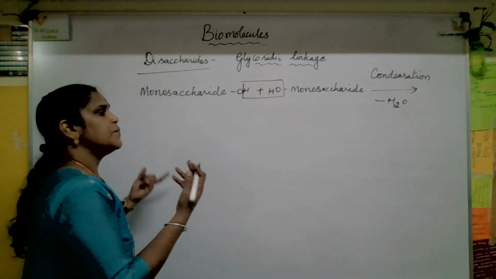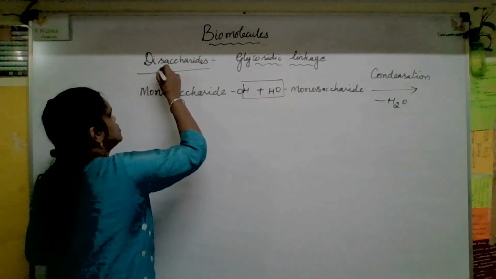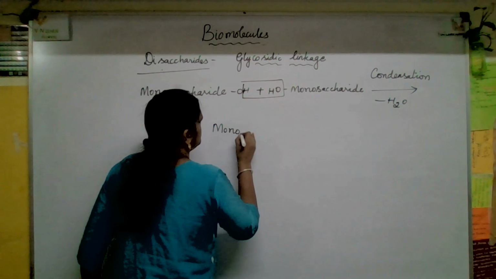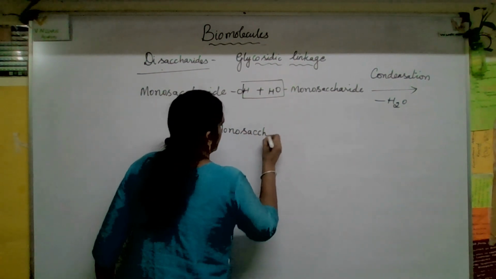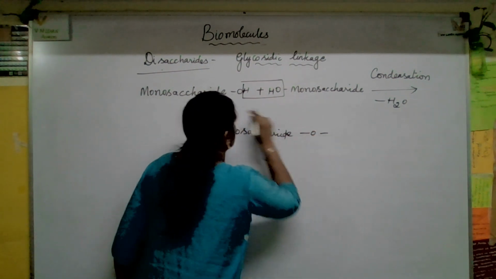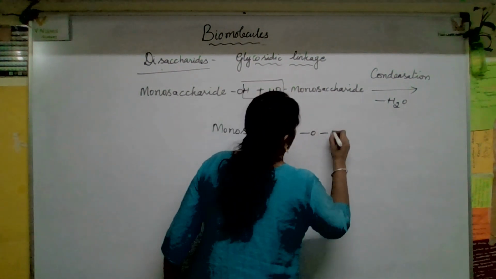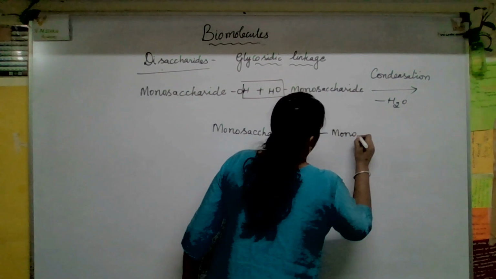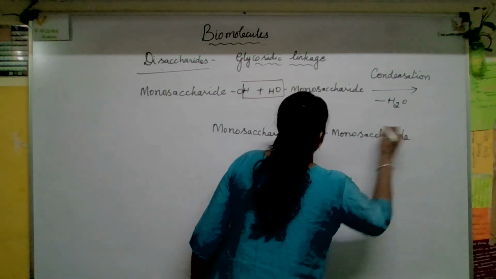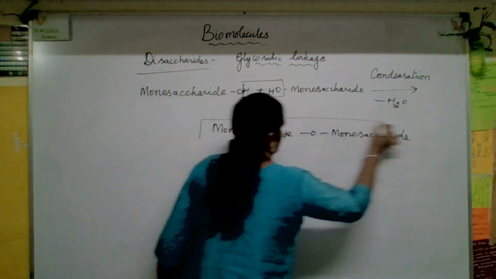So what is the product you are getting? Of course, you are getting a disaccharide. One monosaccharide is combined through oxygen, see this oxygen, with another monosaccharide. So this is called a disaccharide.